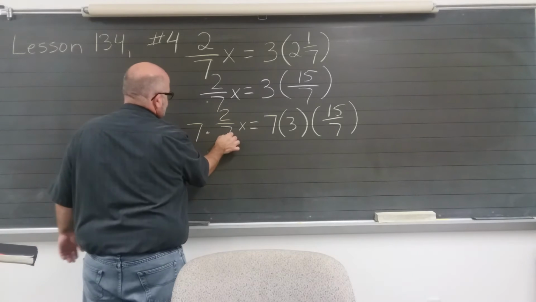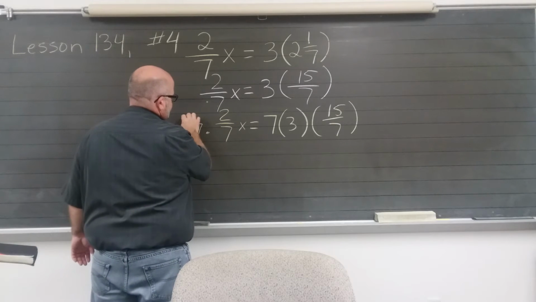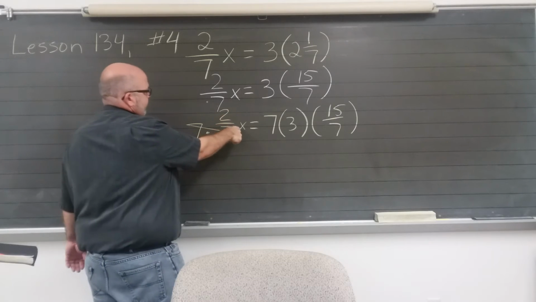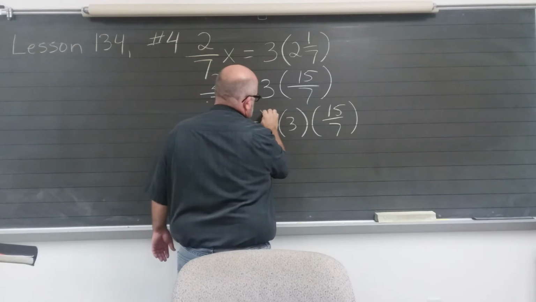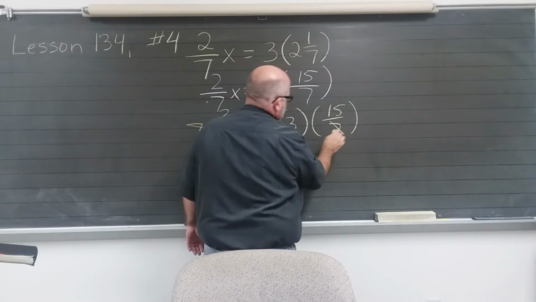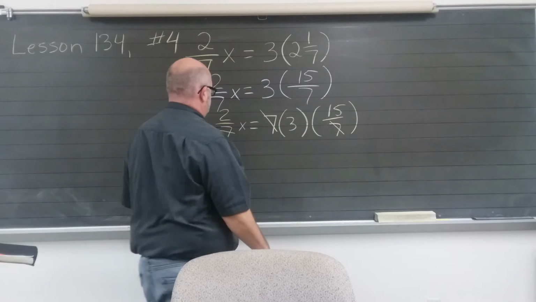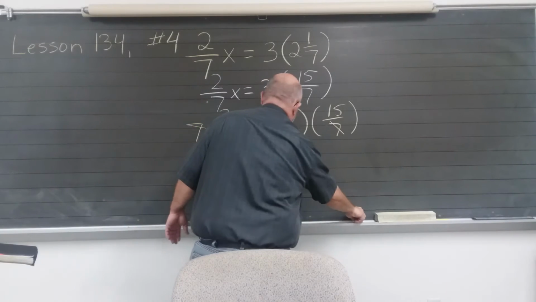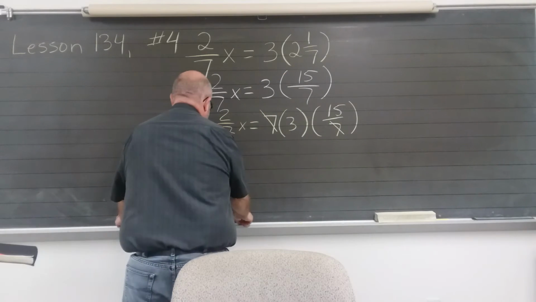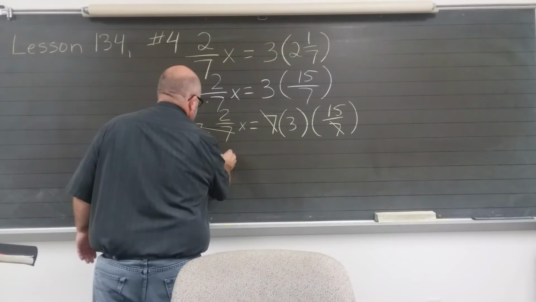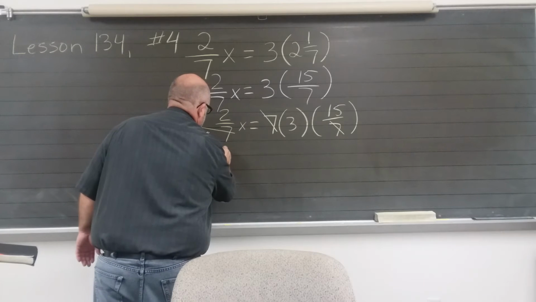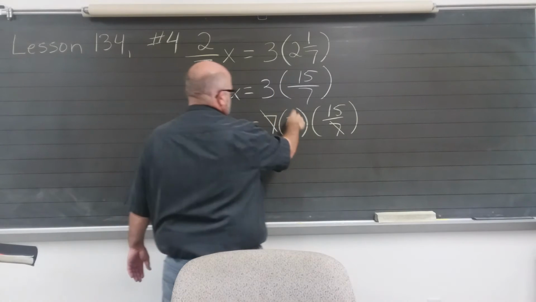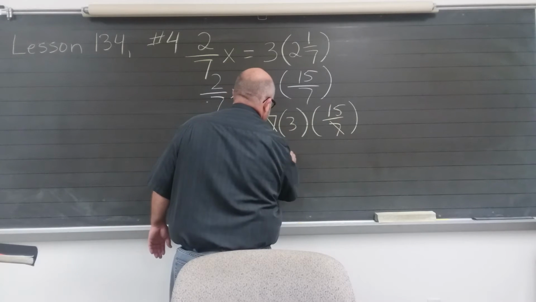Now the divided by 7 times 7 gets rid of the 7's. 7's are gone. All we have left is 2x. Here the 7's are gone. So now we have 3 times 15. So you have 2x equals 3 times 15.